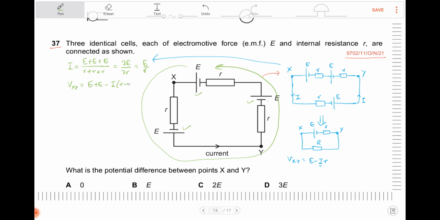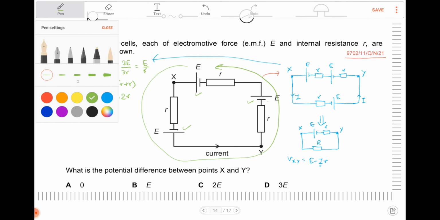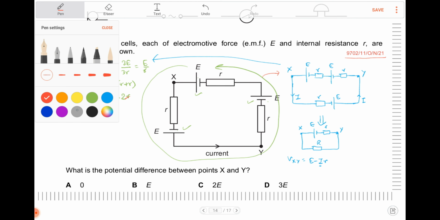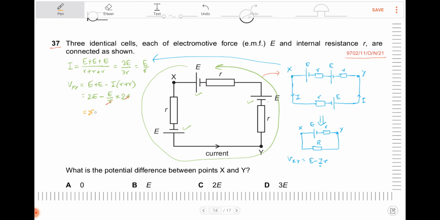So it should be equal to 2E minus, the value of I is E by r, E by small r into 2r. Now this r and this r cancel, and we get 2E minus 2E, which gives us 0. So VXY is equal to 0. It means that the PD across points X and Y is equal to 0. So choice E is the correct choice.